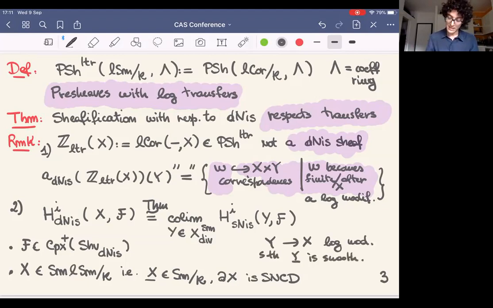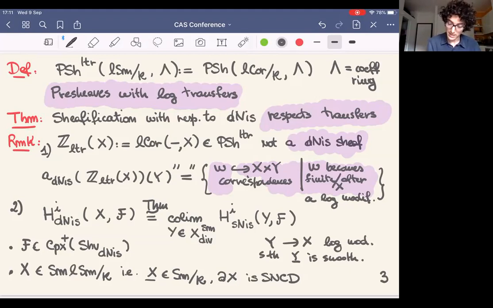Okay, and you can use this theorem to extend your definition. So if you know how to define a cohomology theory, for example, on smooth things, then you can extend it to all log smooth things by taking this kind of Kan extension via log modifications.